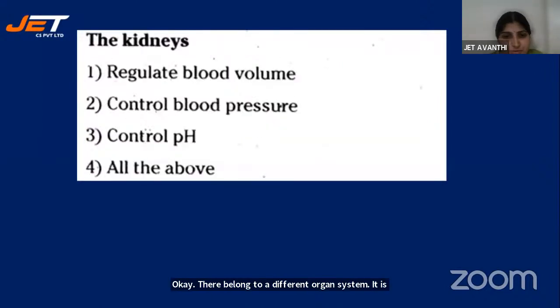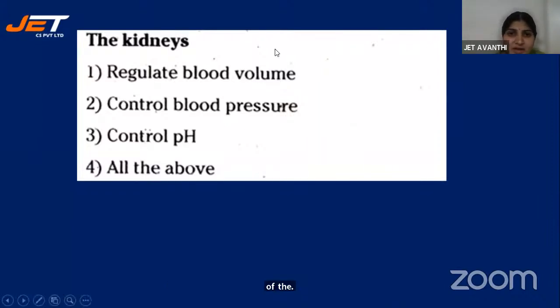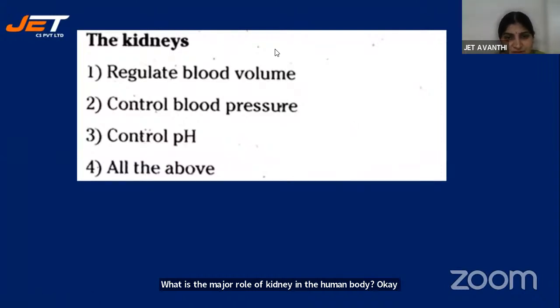Next. What do kidneys do? They regulate blood volume. They control blood pressure. They control pH of the body. All of the above. What is the major role of the kidney in the human body? Sandra, very good. Ashwik, very good. No, it's not 1. Jessica is correct.